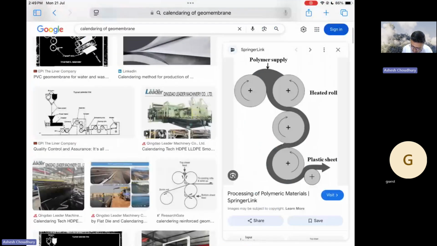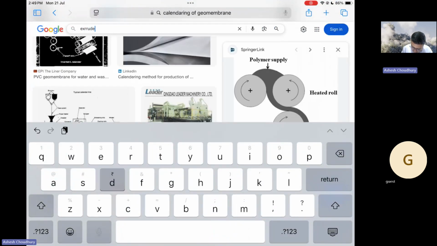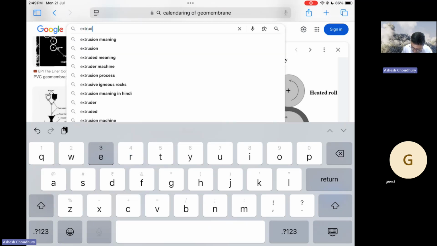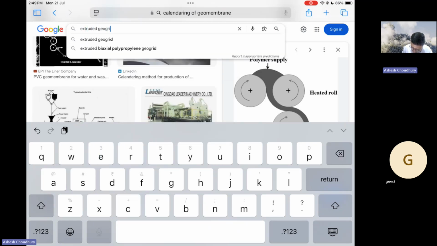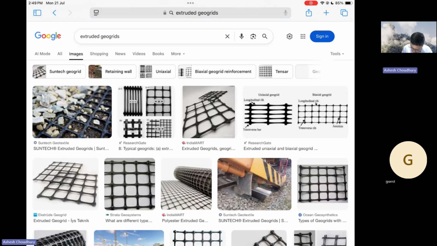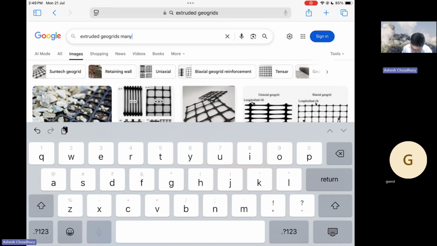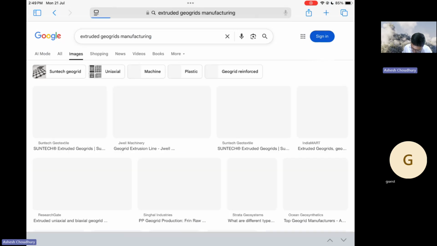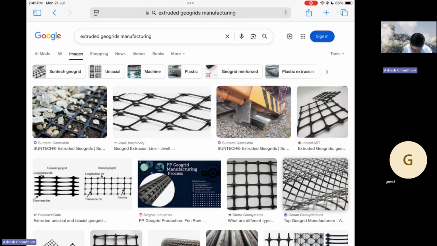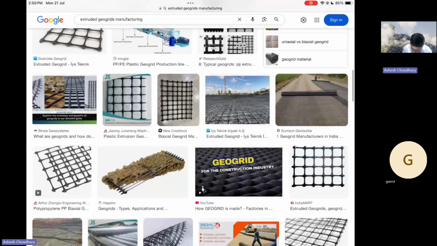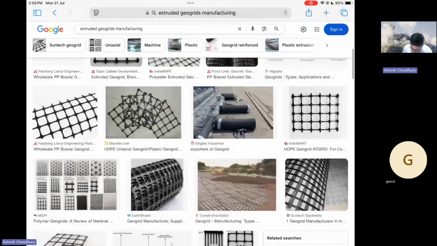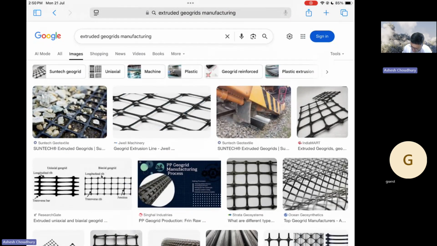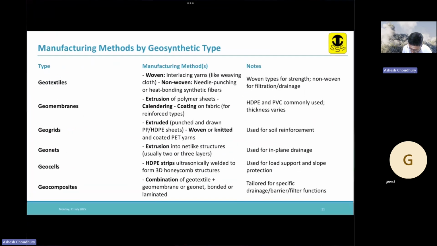You can see these images here. The process images are not shown properly, but I hope you can understand. Geogrids are generally used for soil reinforcement.